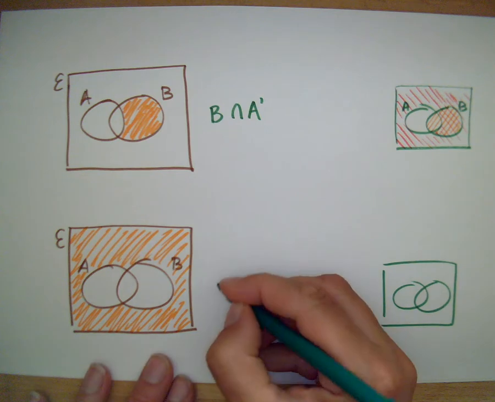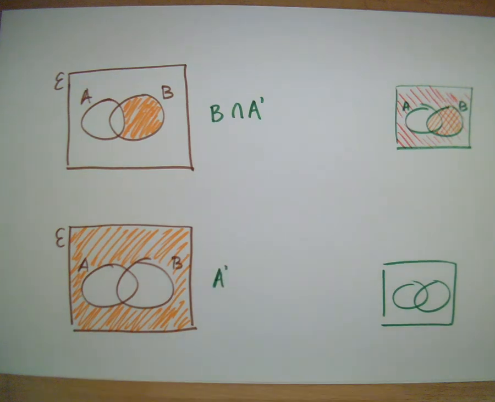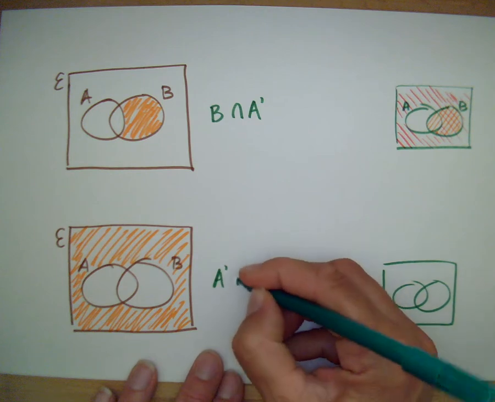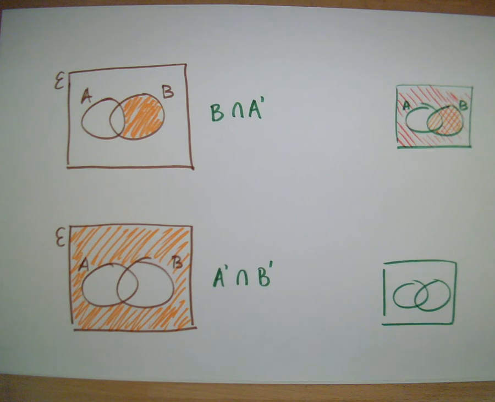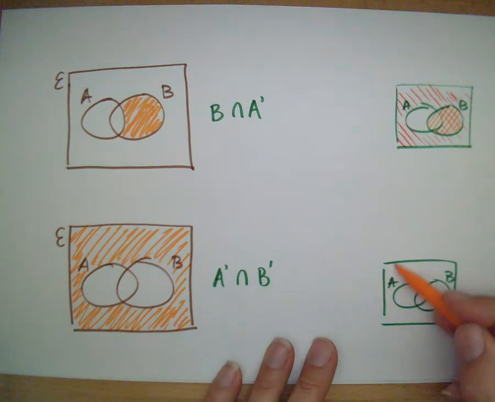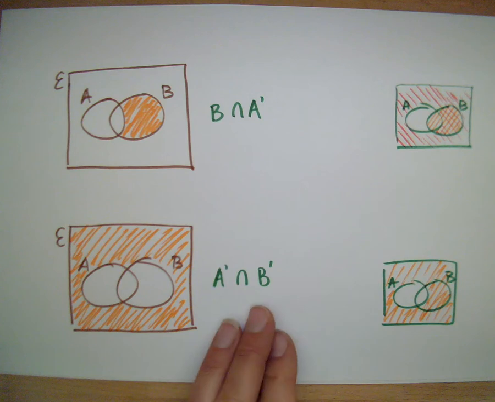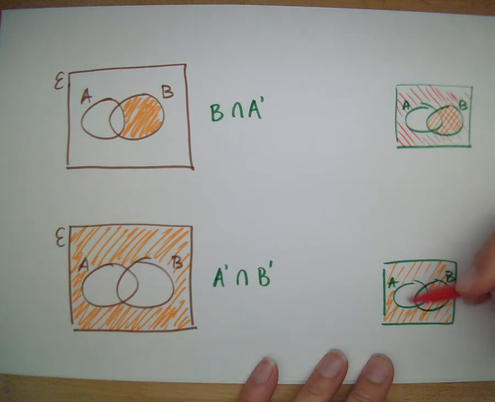The next one, everything outside of A and B is shaded, right? So outside of A, not inside A, the complement of A is intersected with everything outside of B. We can check that again by saying, well, everything outside of A would be this, and then everything outside of B, so not B, is in red.